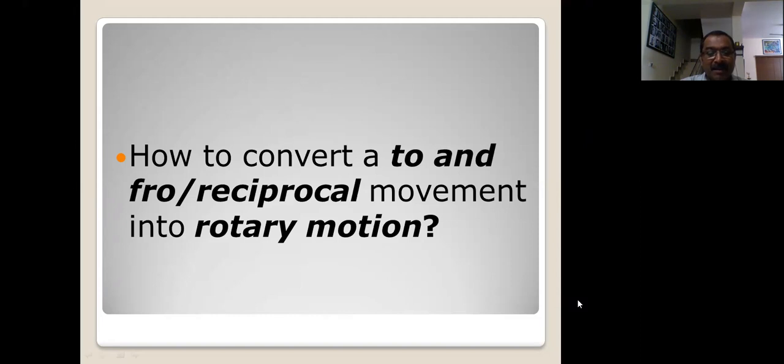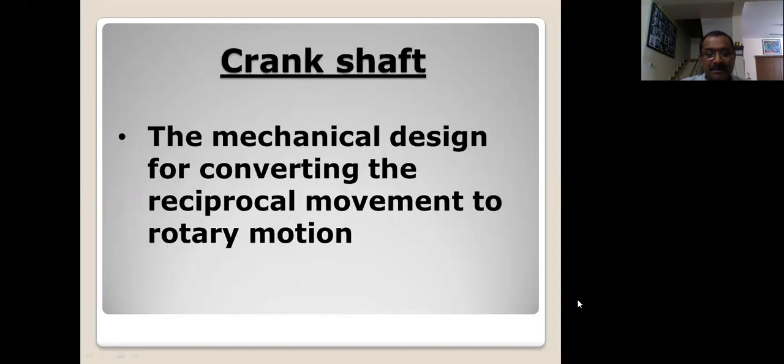Next slide, Satish. So actually, a mechanical design which converts the reciprocal movement to rotary motion is called a crankshaft. A mechanical design called a crankshaft converts the to and fro or reciprocal motion into a rotary motion.